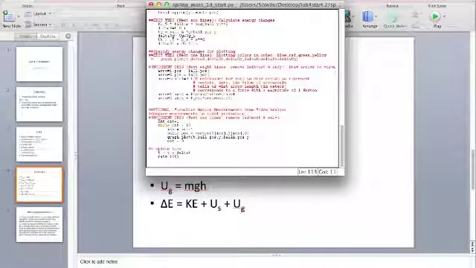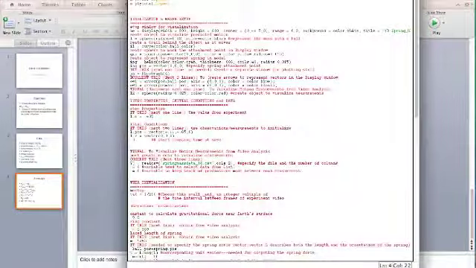Finally, we put this into a graph, and also make a graph of the ball from the CSV file found in Tracker, so we can compare our computational and our experimental data.